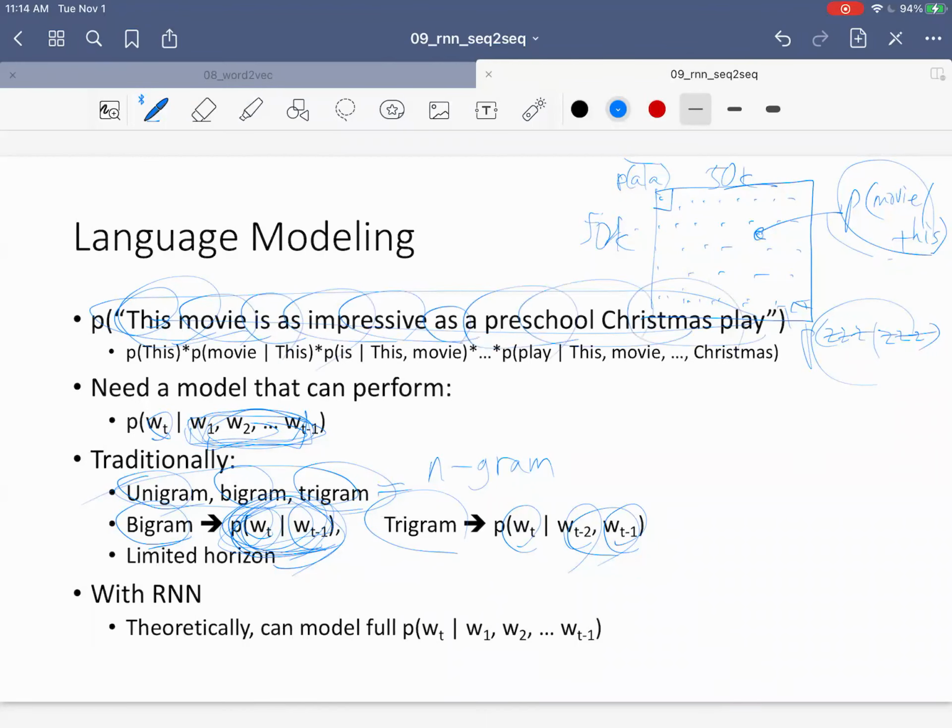You break down your sentence into bigrams, and then you plug in the corresponding elements from your matrix into each factor, and then you multiply the values, and there you have your probability.